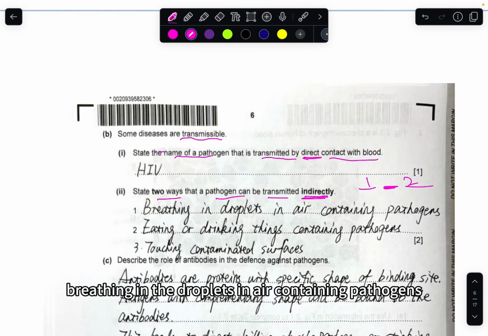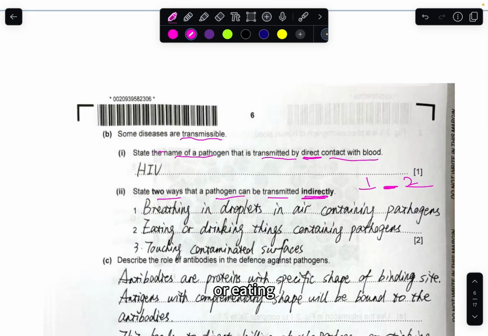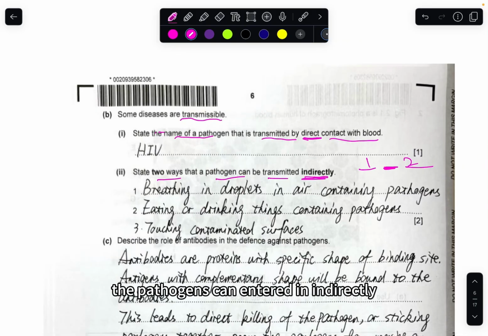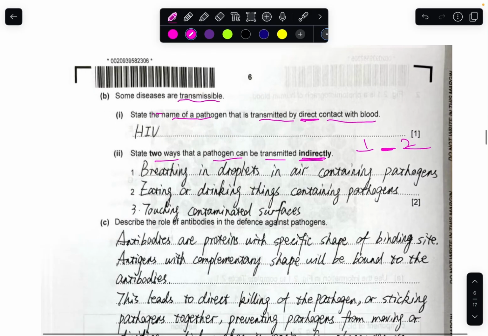So breathing in the droplets in air containing pathogens, or eating the food that has the pathogen, or drinking contaminated water, or touching the contaminated surface. There are a lot of ways the pathogens can enter indirectly.